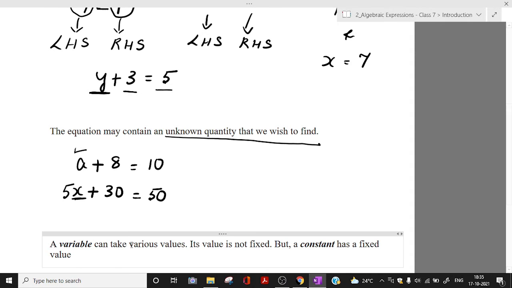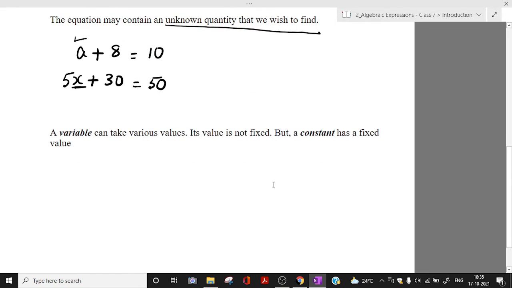Moving ahead, we will talk about a variable. Let me take the same example forward. Let me put a plus 8 is equal to 10.